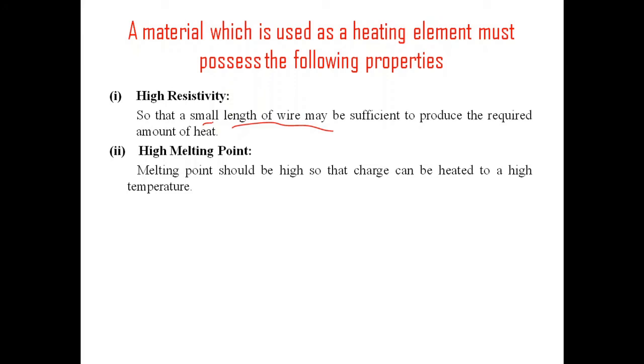So the element which is used as a heating element must possess a very high melting point, so that if I want 1000 degrees Celsius as a temperature, then the material I am going to use should be able to withstand more than 1000 degrees Celsius, then only I can go for it as an application. Okay, so the melting point should be high.